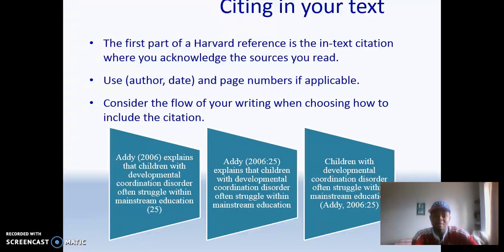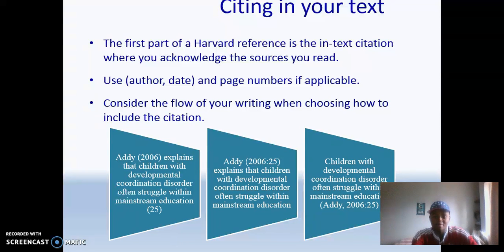There are different styles or flows you can use when you do in-text citation or in-text referencing. In the first one, you can see it's AD, which is the author, 2006, which is the date, and then lastly they included the page number, right at the bottom there.